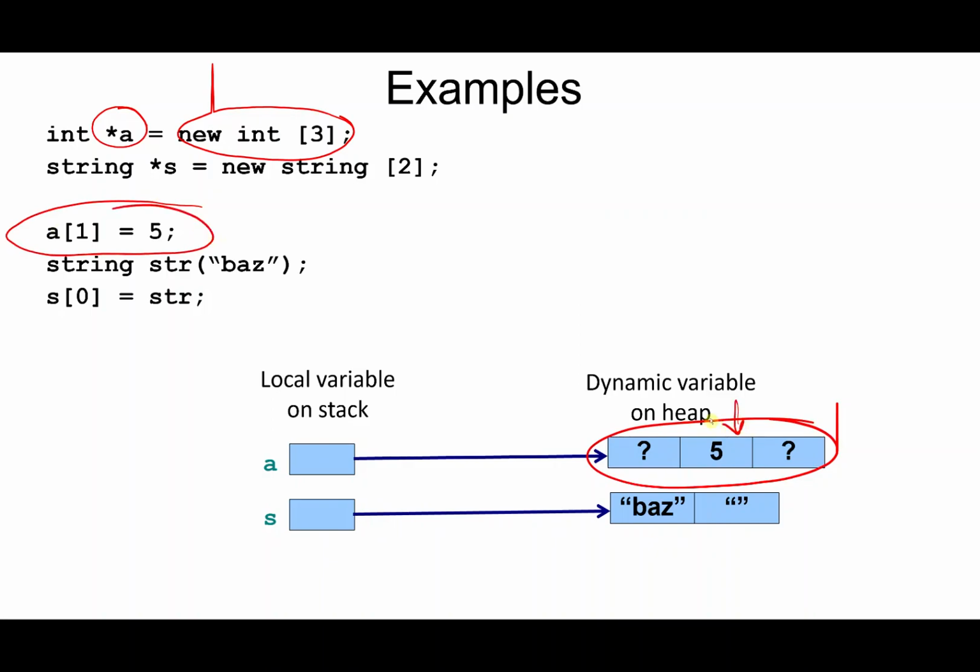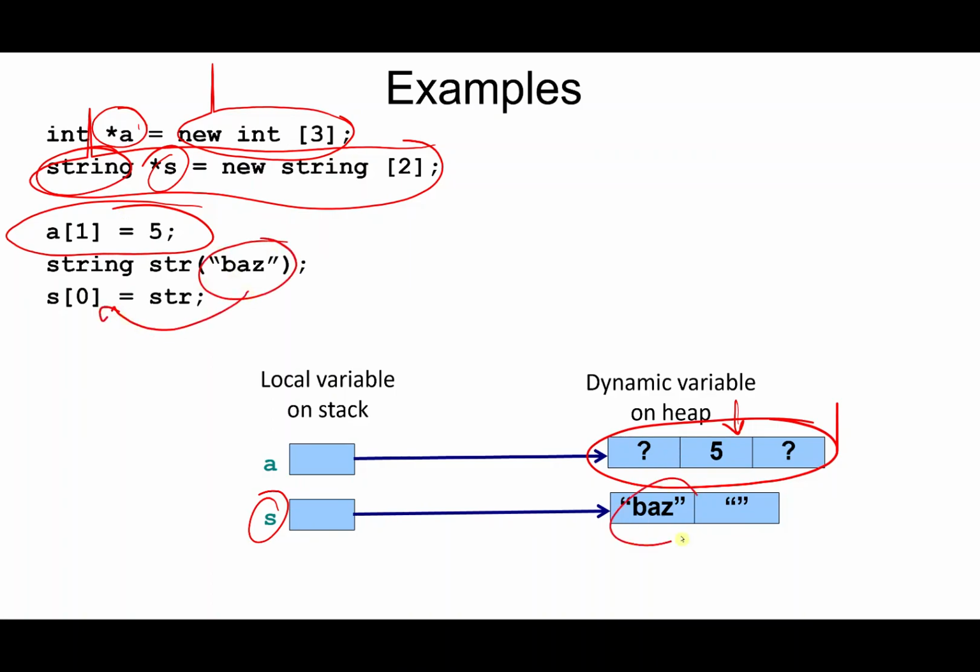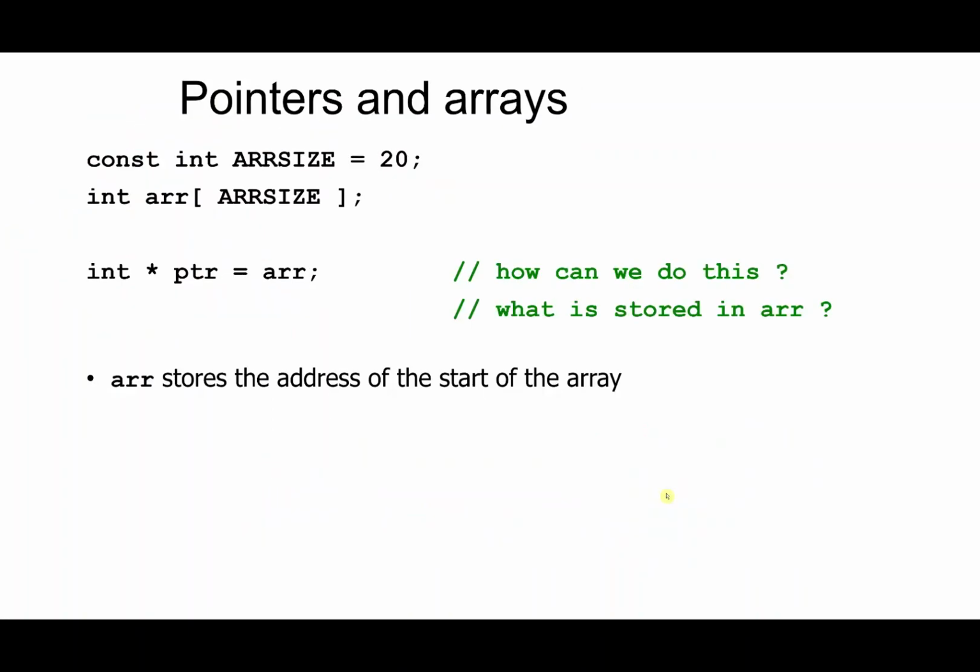And we are asking for 2 locations for strings. So s is going to be, this pointer is in the stack, but the data is in the heap, right? So you put baz in s of 0. Here is baz, and the other one is an empty string. That easy.